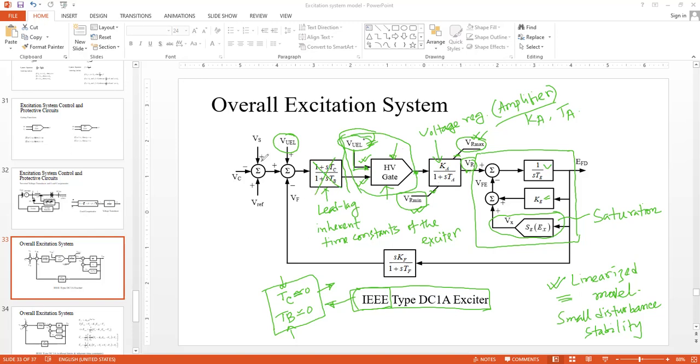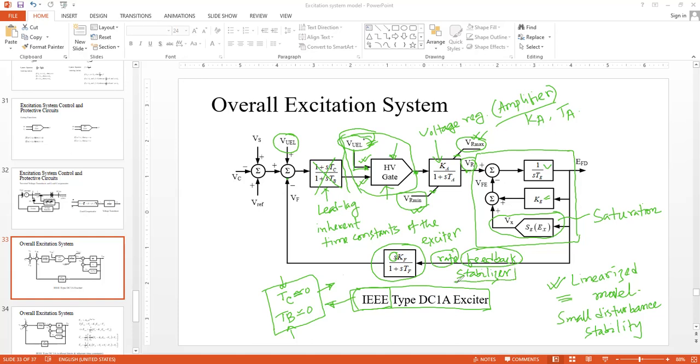So what else is there? This is the rate feedback stabilizer block. Why is it rate? Because of the presence of S. This is known as the rate, and it is a feedback because this signal is taken as a feedback at the second summing junction over here.